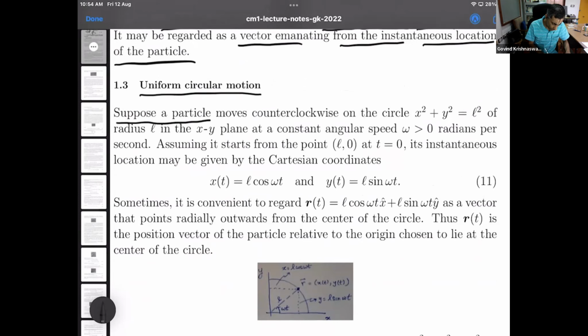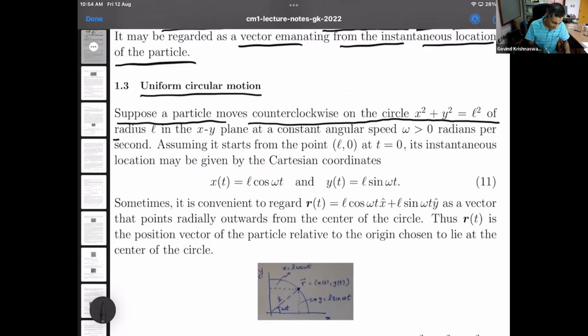So suppose a particle moves counterclockwise on the circle x squared plus y squared equal to L squared of radius L in the xy plane. So it is moving on the circle at a constant angular speed omega radians per second. So it covers omega radians in 1 second uniformly.